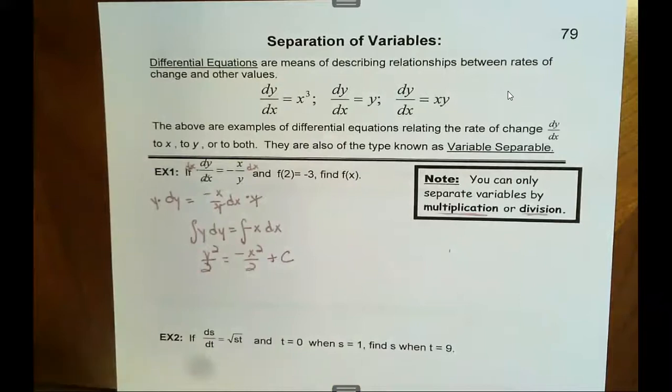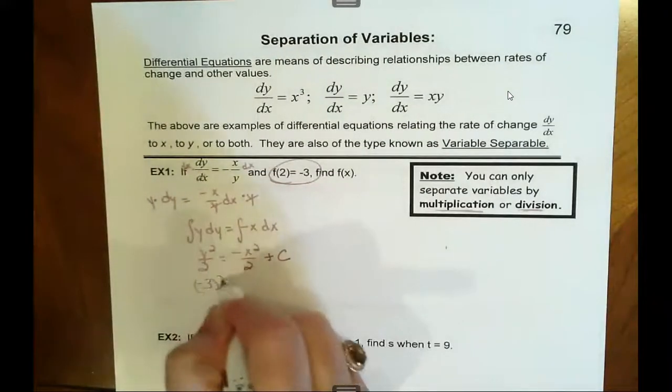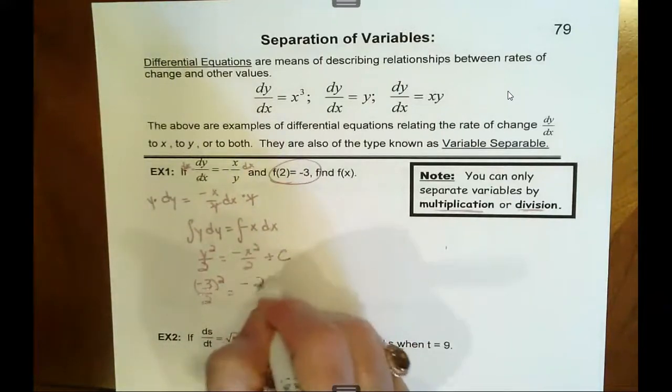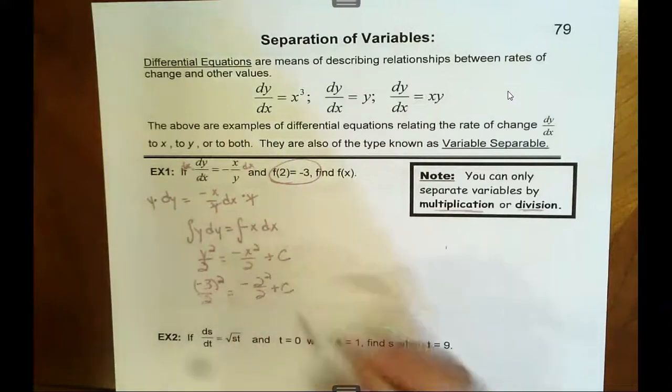Okay, so now it wanted us to find the particular solution going through (2, negative 3). So x is 2, y is negative 3, so negative 3 squared over 2 equals negative of 2 squared over 2 plus c.